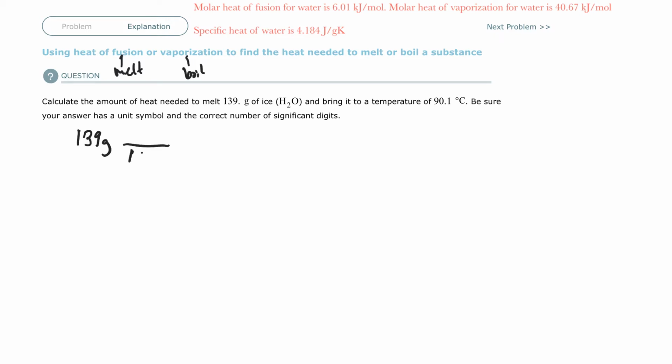If I do the molar mass of water from the periodic table, you have to add all the numbers, 18.0153 grams per mole, which equals 7.715663908 moles of water.